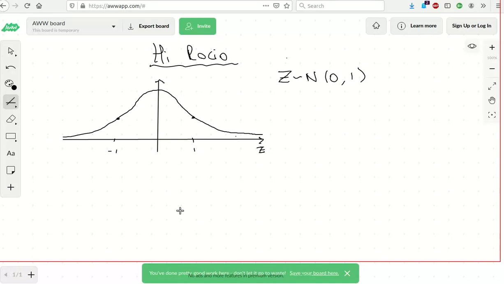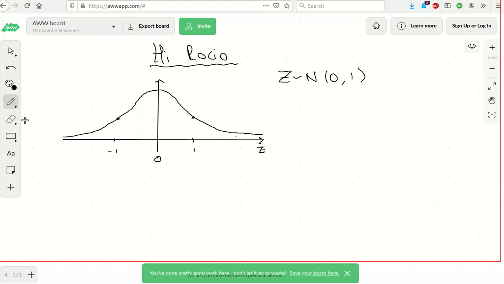The tables will help you, once you've done the standardization step, with solving any other problem you like, but the tables only give you probabilities or areas for this standard normal, where the mean is 0 and the standard deviation is 1.